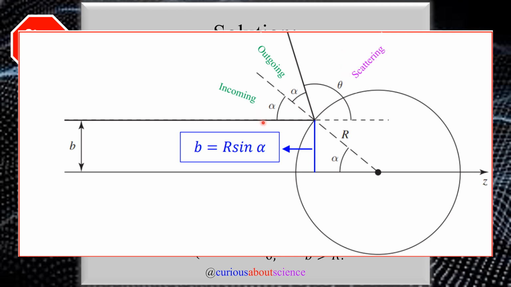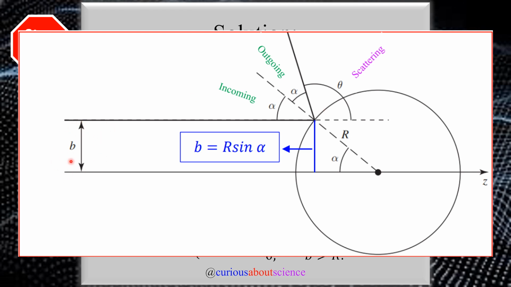Now, one thing to note is that this makes a horizontal line, and in a horizontal line we know we have 180 degrees. So all three of these angles have to add to 180, or pi radians. In this case, geometry alone is enough to relate the scattering angle with the impact parameter, which is b.